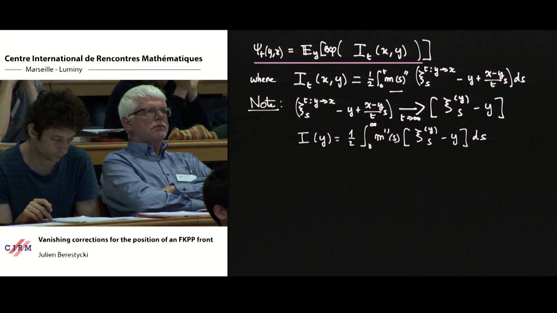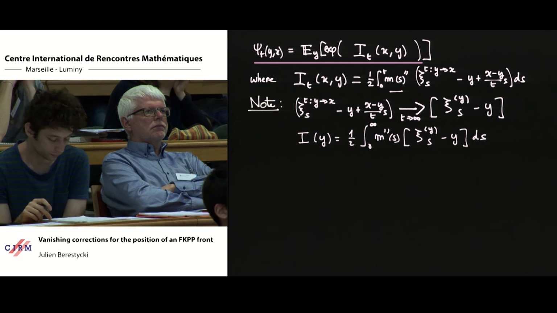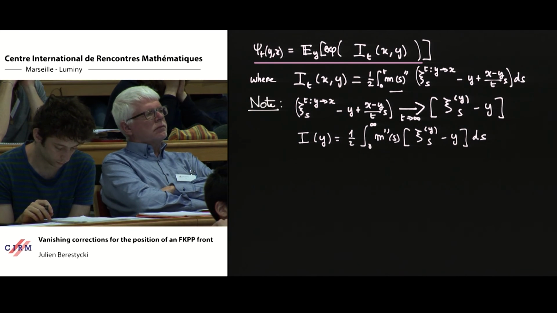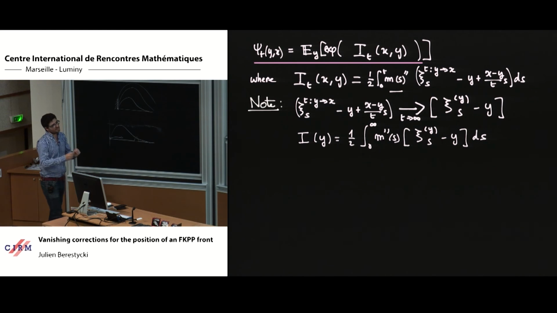At least on a compact interval near zero, it's clear. T is going to infinity, so the slope is getting smaller and smaller. You're not seeing where you're going to end up. You're still conditioned to be positive, and you're still subtracting the line. So in the limit, this converges pointwise to a Bessel process started from y minus y.